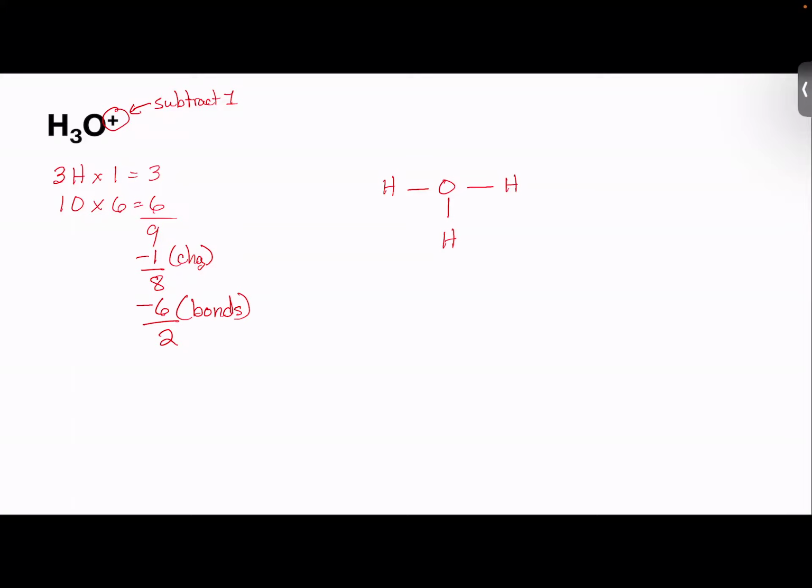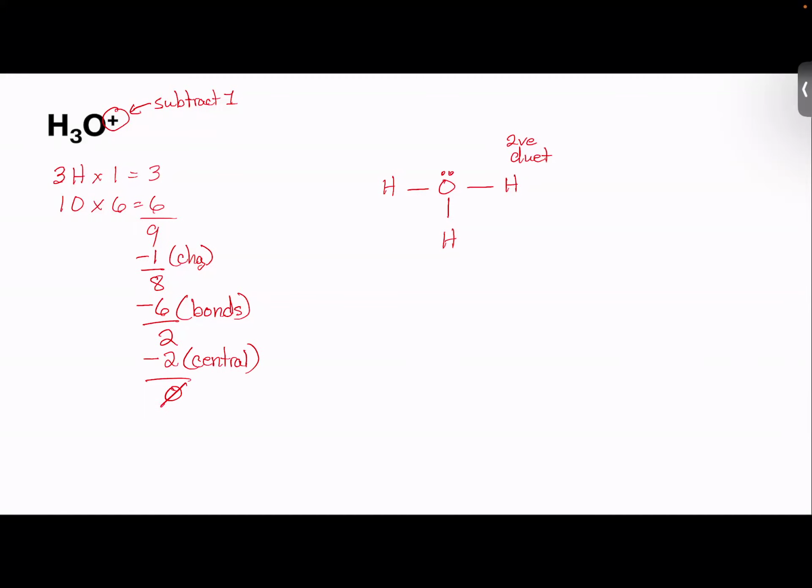When electrons remain, we make sure that every external atom has its octet. In this case, every single hydrogen has its duet, which is what it needs. It has its 2 valence electrons. So we don't need to distribute any more electrons to our outer atoms. Instead, we need to distribute the electrons on our central atom. So we're going to place those last 2 electrons on the central atom in pairs. And that gets us to 0.